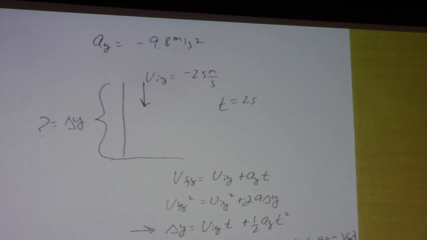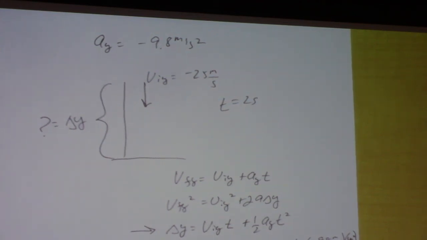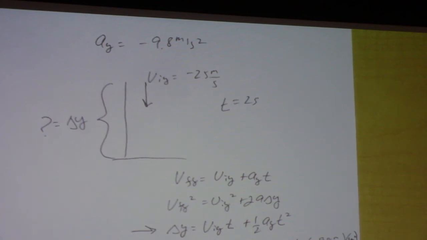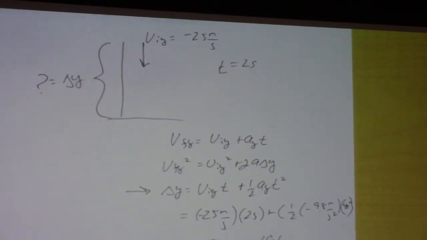This would be like minus 50 meters. This term over here would be minus, let's see, 19.6 meters. So about negative 70 or so. We just want the height, so we want the magnitude of this. So that's one of the answers, 70.